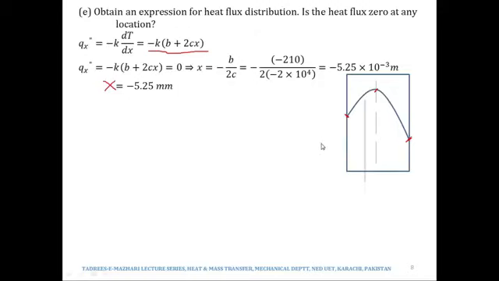So if we draw a line where x is minus 5.25 millimeters, this is the section where heat flux is in fact 0. It means that no heat will pass through this point in this direction or in this direction.